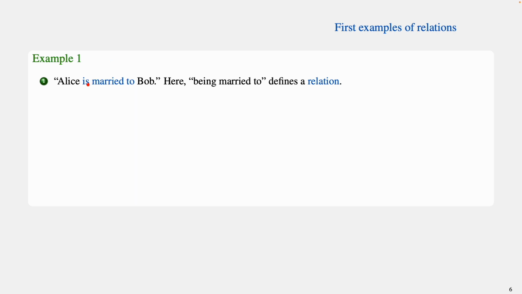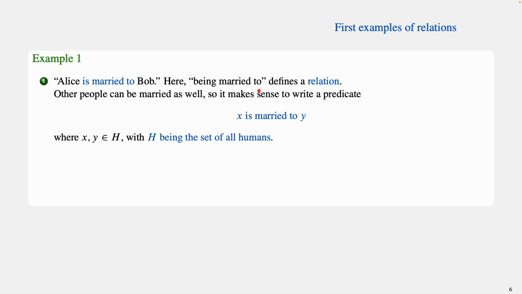Our first example: Alice is married to Bob, and here being married to defines a relation, in this case between Alice and Bob, but of course there can be other people who can be married, so it makes sense to generalize this to a predicate. X is married to Y, where X and Y are taken from some set H, which is in this case the set of all human beings.